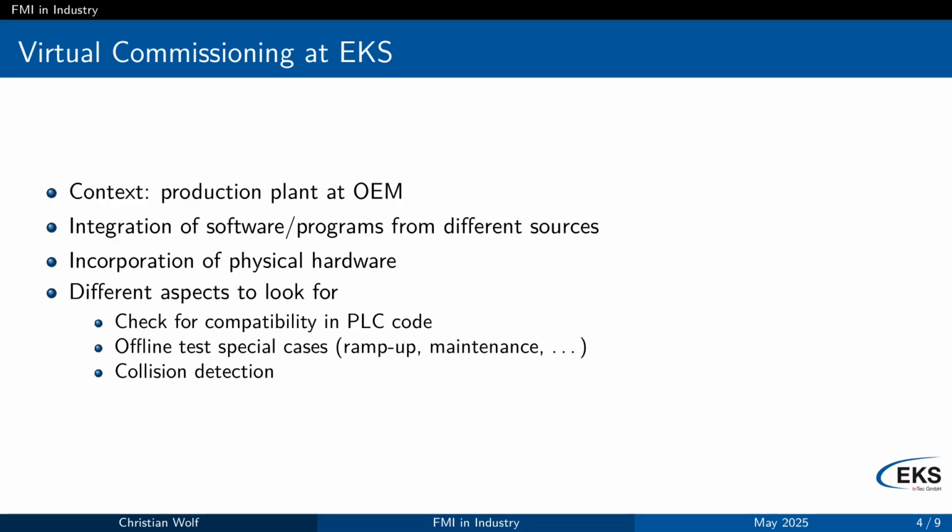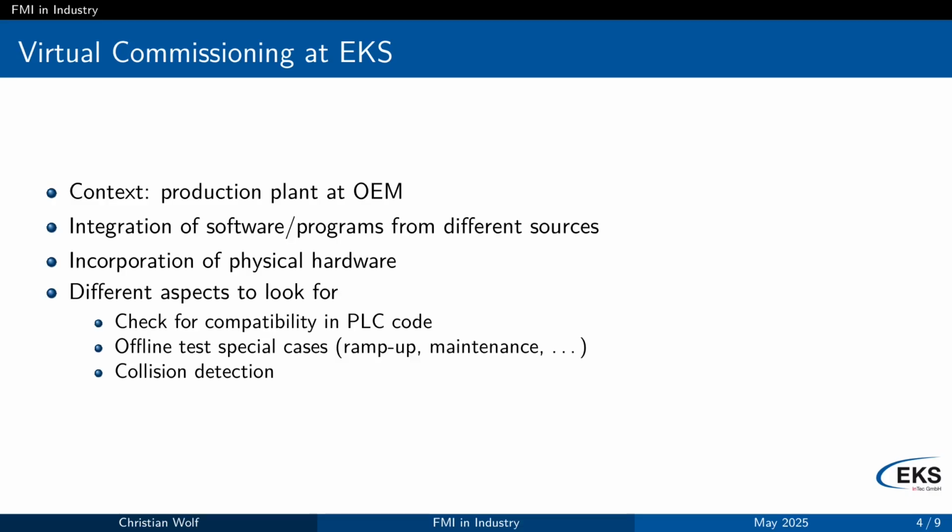And there are different aspects that we are possibly looking at. There is, for one, the compatibility, so are the different software assets compatible to each other? Then there could be some special edge cases that we could try out, like the ramp up of a production plant, going into maintenance or even emergency stops, without actually stopping a complete production plant and the production line even.